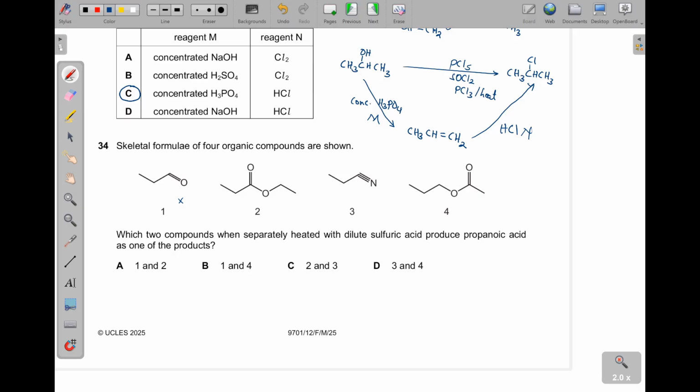So with 2 being an ester, always focus on this carbonyl group there. This part here provides the carboxylic acid. So this one is going to be CH3, CH2, COOH. So there is propanoic acid in here. It is hydrolysis.